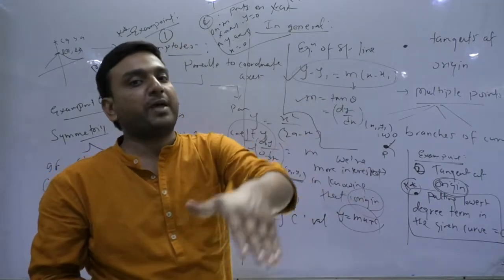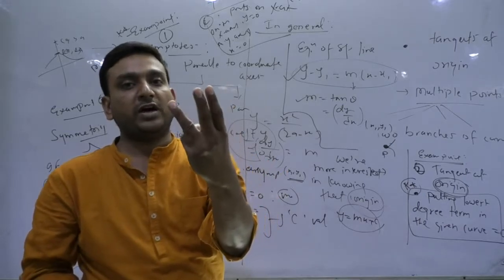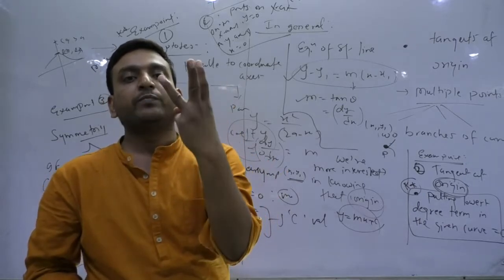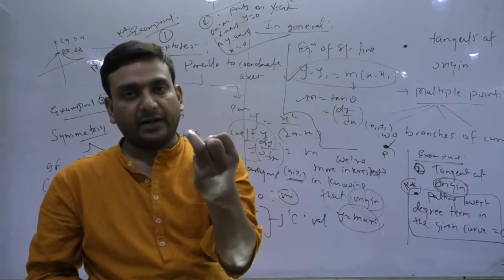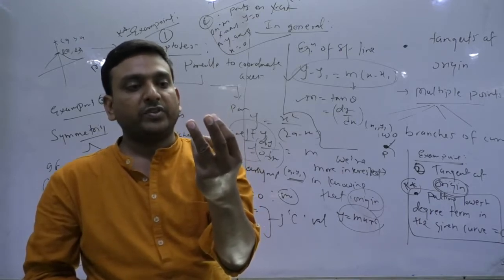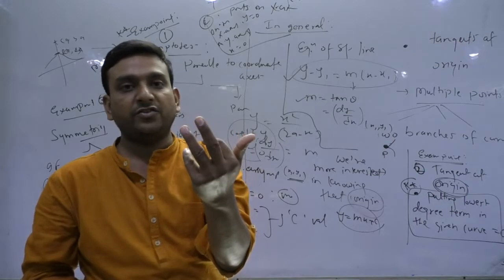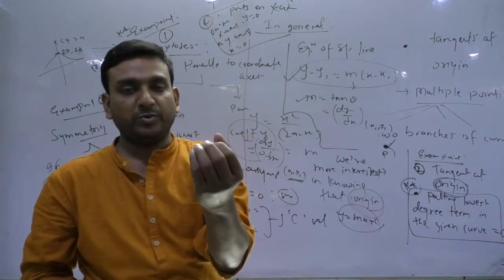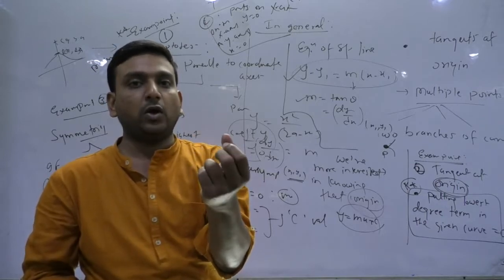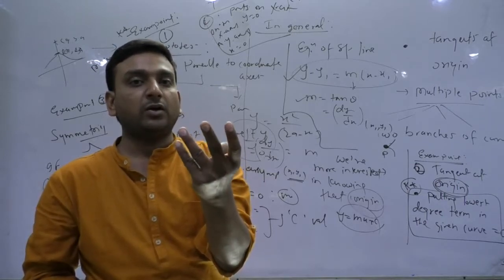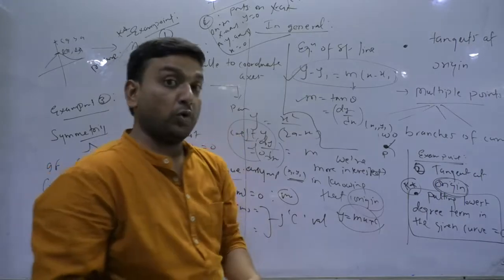And after that parametric form. So in curve tracing we need to study 3 components: Cartesian, polar, parametric. This year they asked Cartesian. So next year, UPSC Mains 2023, I am expecting they will go for either parametric or polar. Okay, note my points.